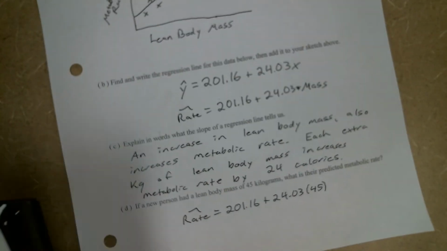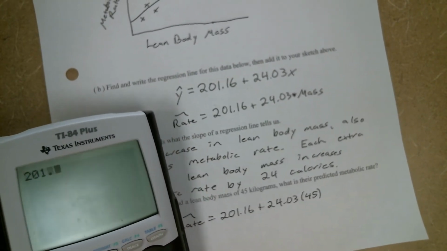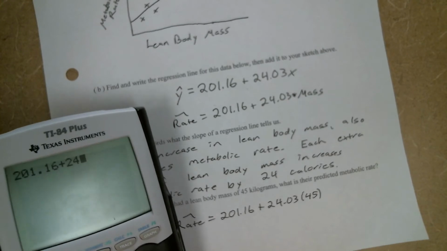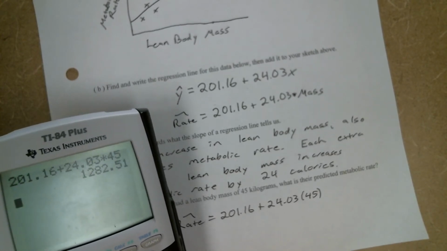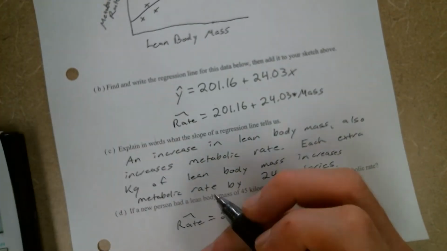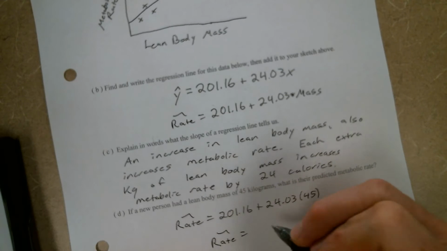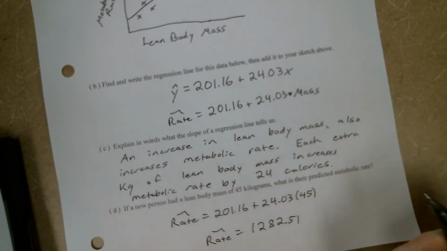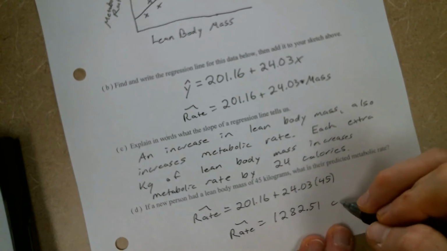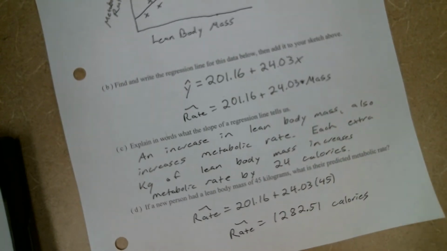Putting that in your calculator, we get 1282.51. So predicted rate is going to be 1,282.51. And if we're throwing a unit on that, metabolic rate is in calories, the amount of calories you're burning in a day.